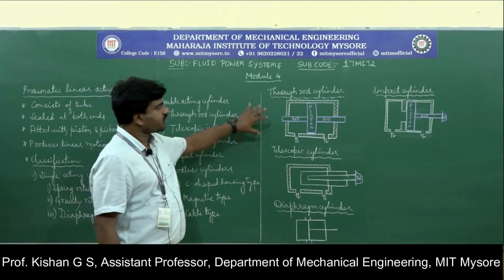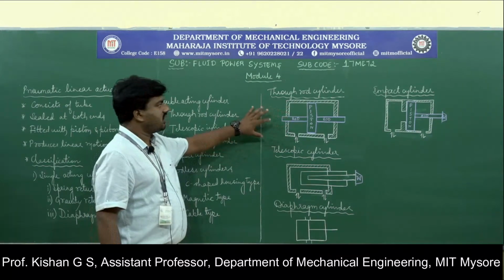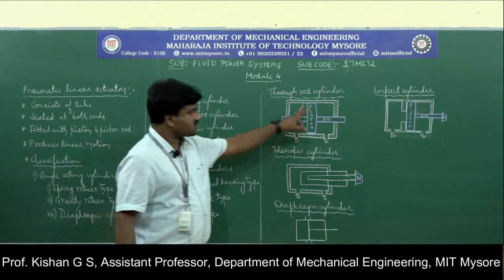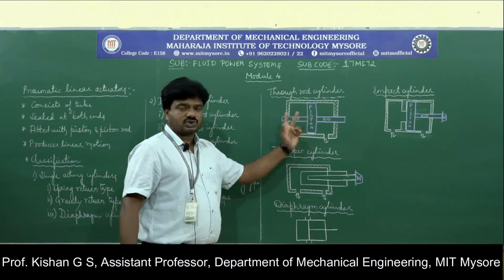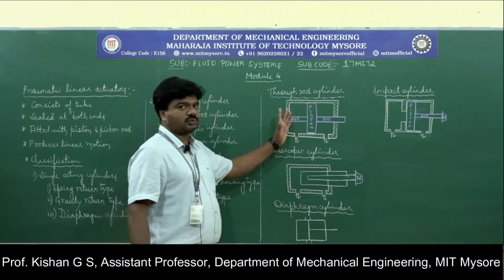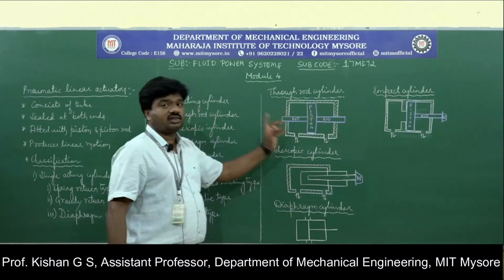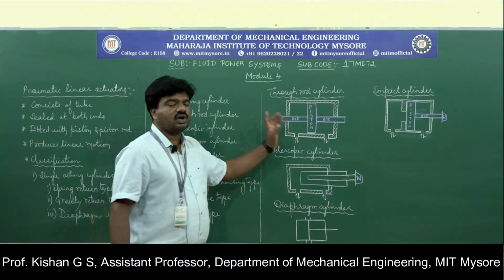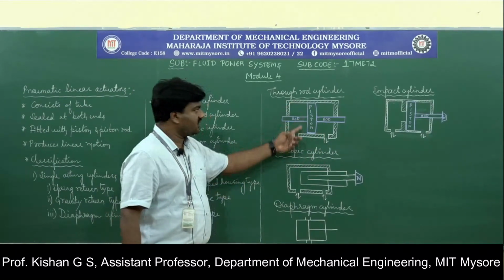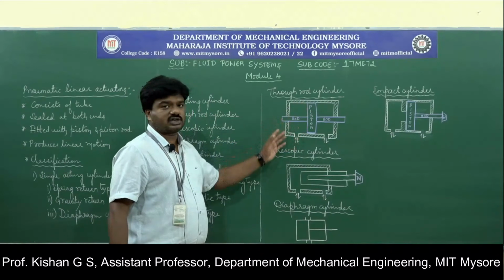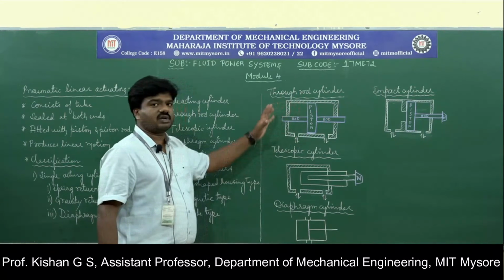The first one is the through rod type of double acting actuator. In this particular construction, the piston has a piston rod on both of its sides, so that if you take the extension to be from left to right and the retraction from right to left, the force applied on the piston for extension and retraction will be the same, because the area on which the compressed air acts on the piston end, leading to extension or retraction, remains the same.